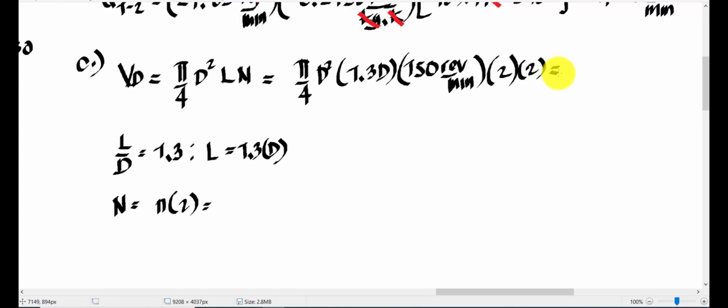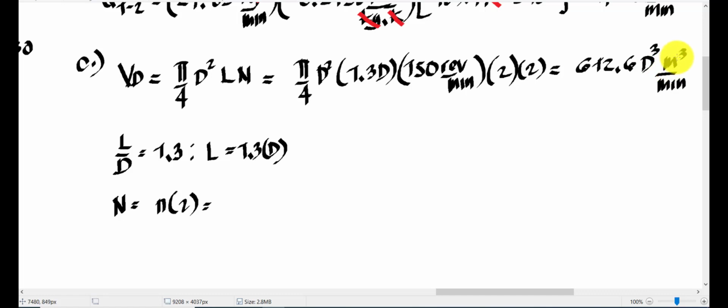So our volume displaced, we multiply this one by the whole equation. So we have 612.6 D cubed. So that is cubic meter per minute.